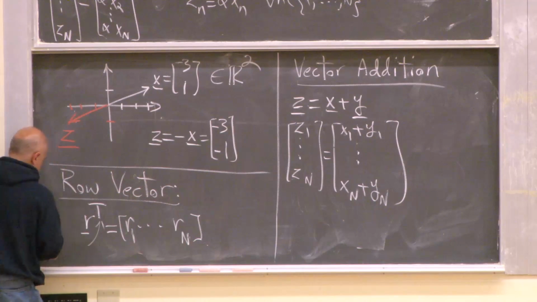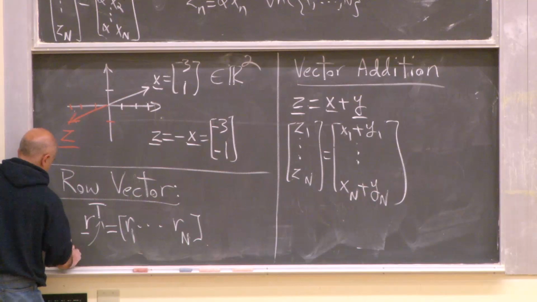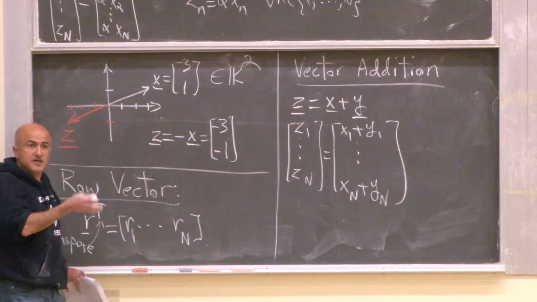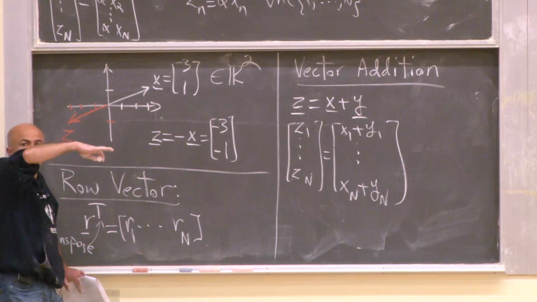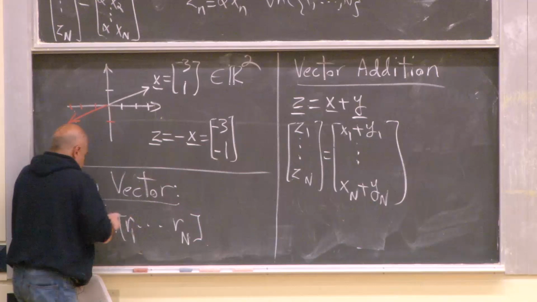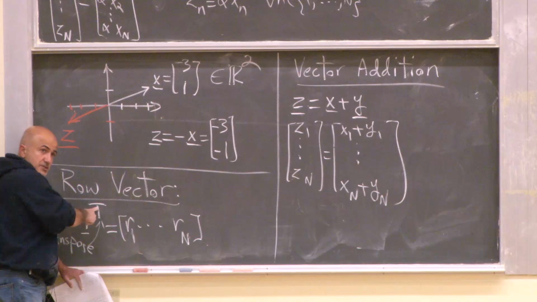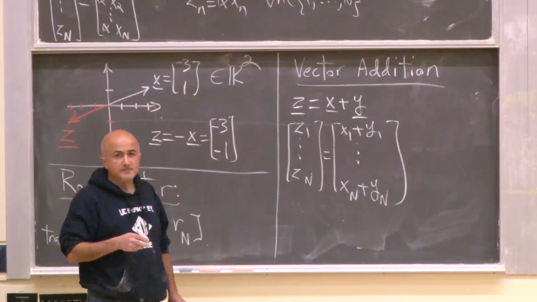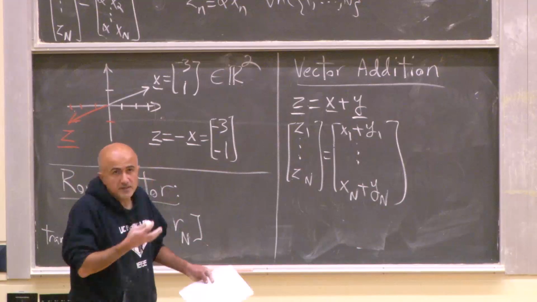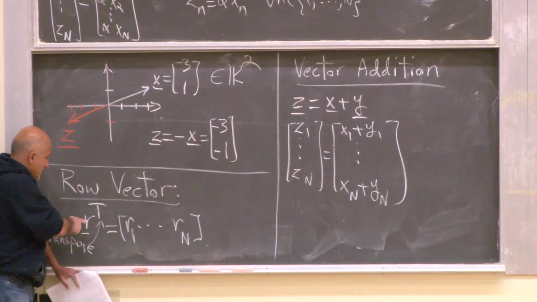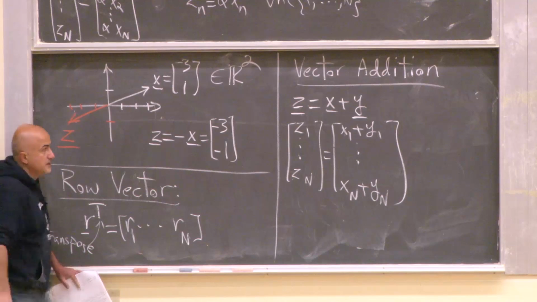This T is called transpose. And it's basically taking a column vector and flipping it 90 degrees counterclockwise to make it a row vector. I will always use a transpose if I'm talking about a row vector, just so that there's no confusion. Some textbooks make the reader decide based on the context whether a particular vector is a row vector or a column vector. I will always use this.